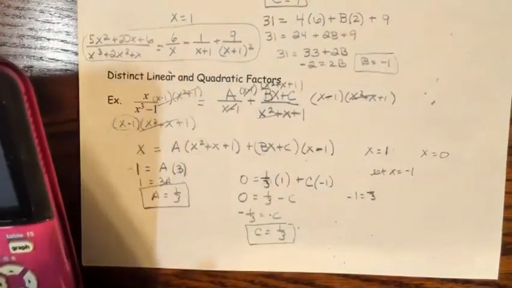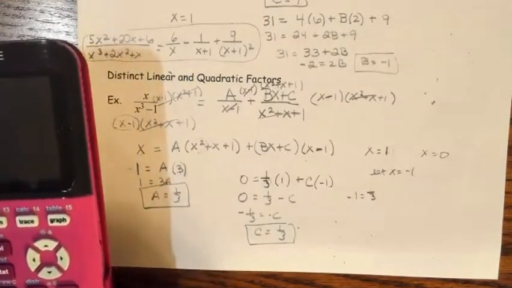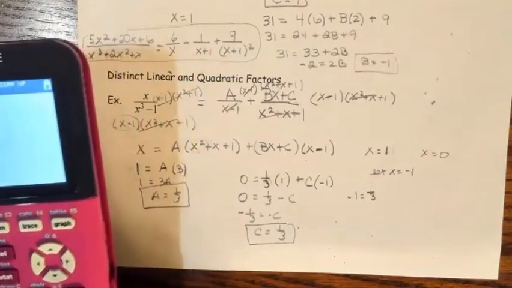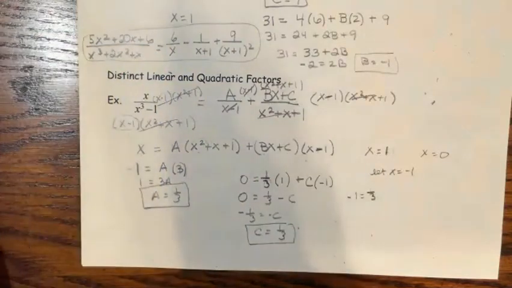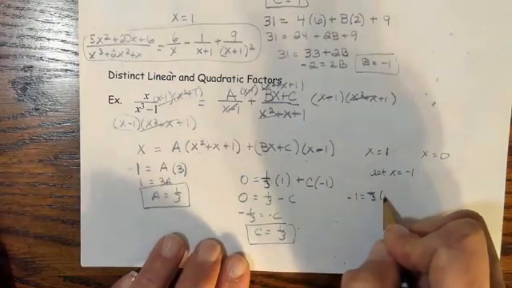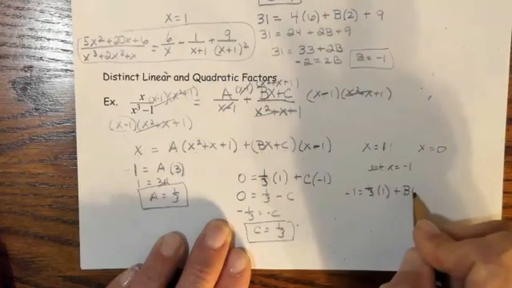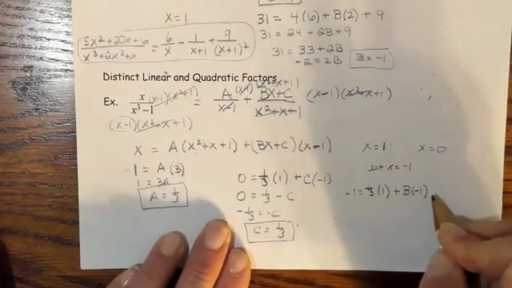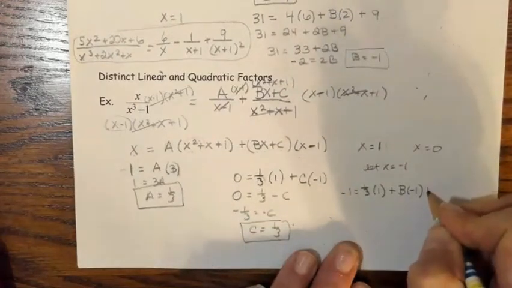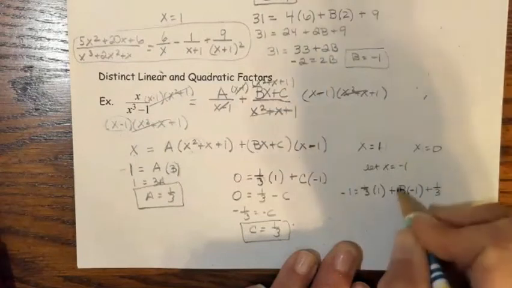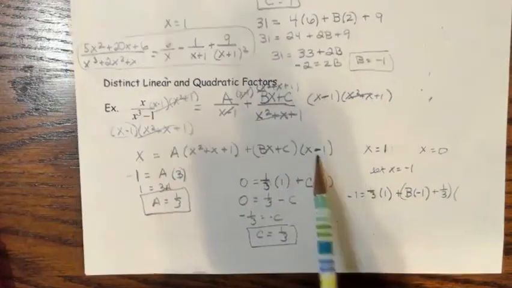I think I get 1 when I did that. -1 squared minus 1 plus 1. Yeah, is 1. So 1/3 times 1 plus b is what we're looking for, times -1 plus c, which is 1/3. So that whole thing times -1 minus 1, which is -2.